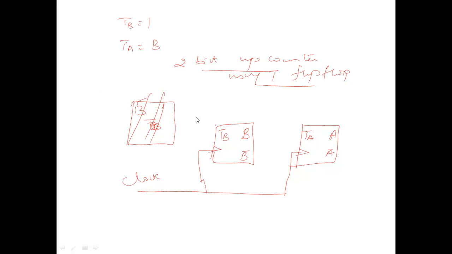TB is always 1, so the input to this you make always high, 1. What is TA? TA is nothing but B only. So the output of the first flip-flop, you take it as an input to the second flip-flop. So this particular circuit will work as a 2-bit up counter. So you have realized the 2-bit up counter using the T flip-flop.